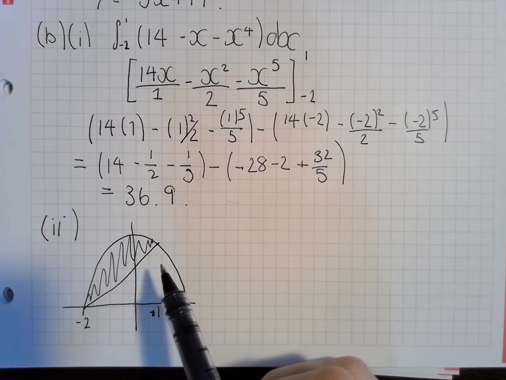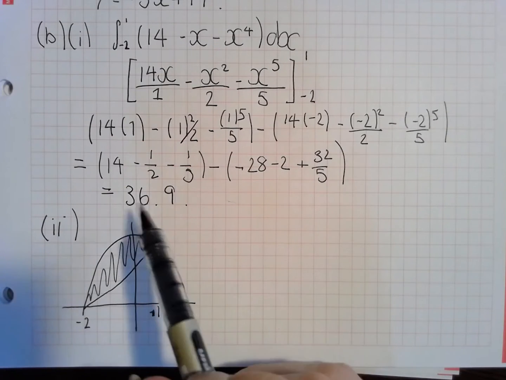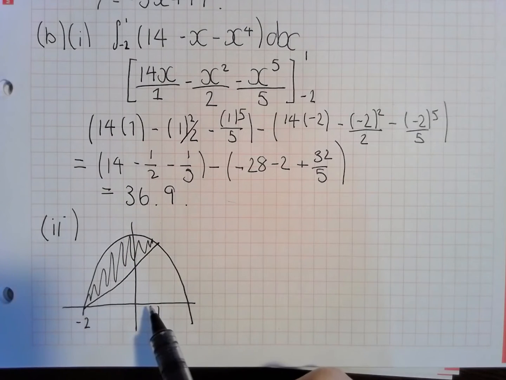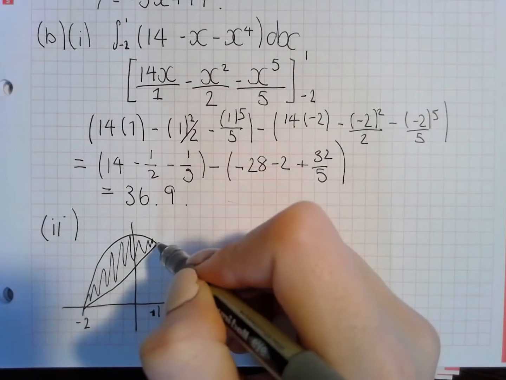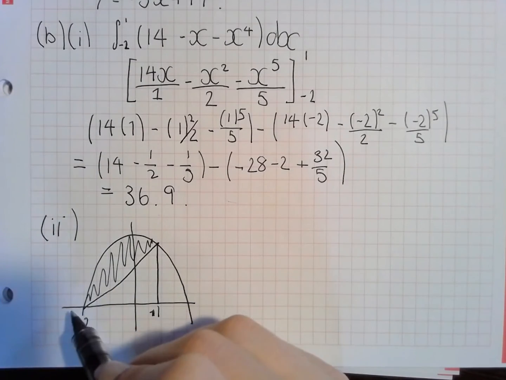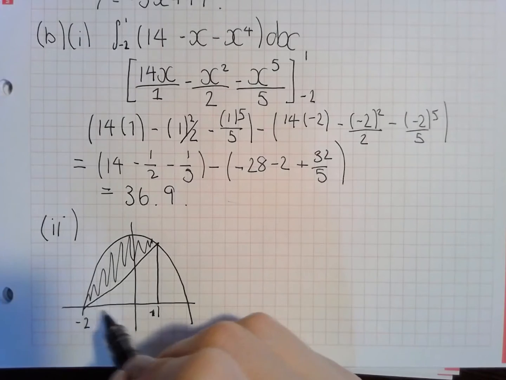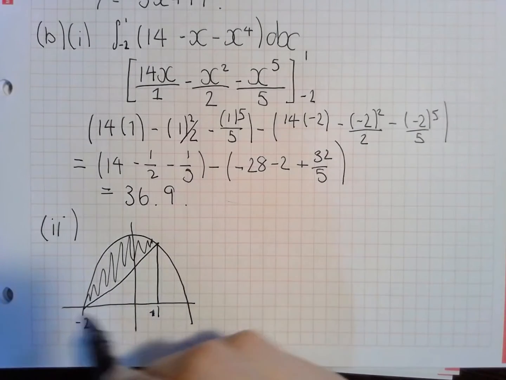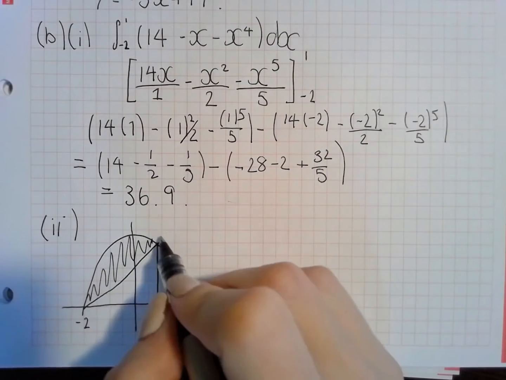You know that integrating between these two values will find you this whole area under the curve, but you just want this part of the area, so you need to work out the area of this triangle here.